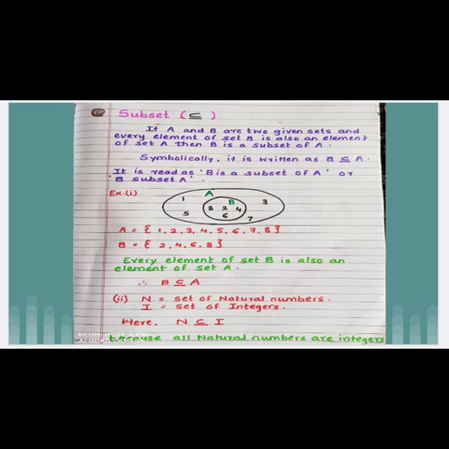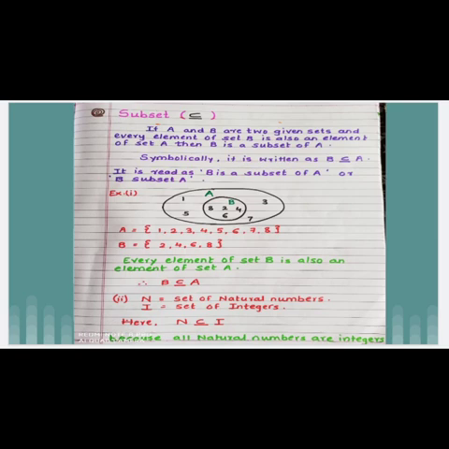That means we have to mention all the elements of both sets, because set A is the bigger set and set B is the smaller, because set B is inside set A. Now we will write set B in listing form. So here set B = {2, 4, 6, 8}.